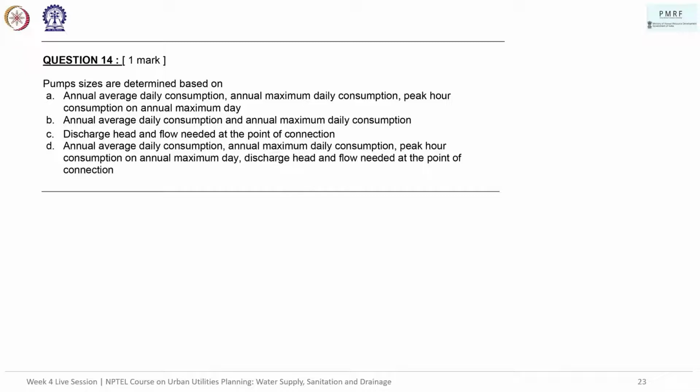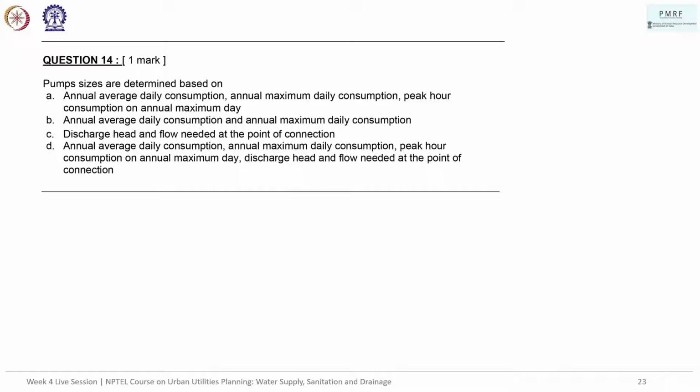Pump sizes are determined based on: A, annual average daily consumption, annual maximum daily consumption, peak hour consumption on annual maximum day; or B, annual average daily consumption and annual maximum daily consumption; C, discharge head and flow needed at the point of connection; or D, all of the above: annual average daily consumption, annual maximum daily consumption, peak hour consumption on annual maximum day, discharge head and flow needed at the point of connection. So, any answers? A. Okay.